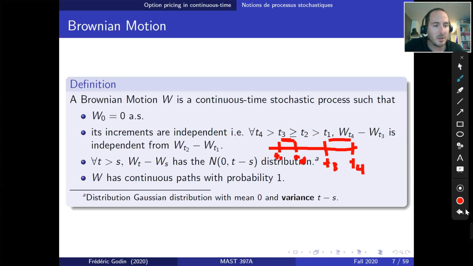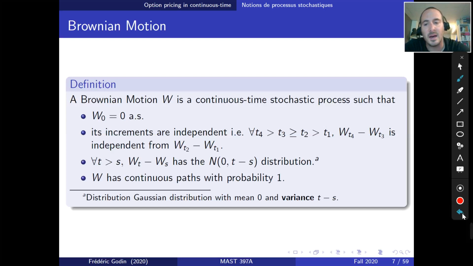Behind Brownian motion, maybe some more intuition. We're going to see next that it's used to represent the evolution of the price of a stock in the Black-Scholes model.